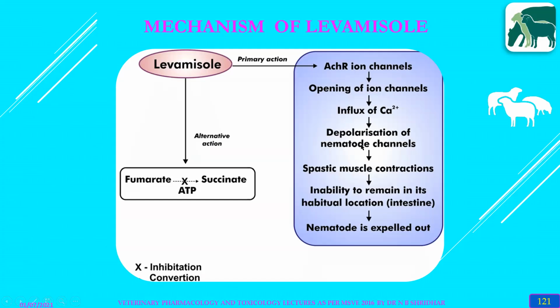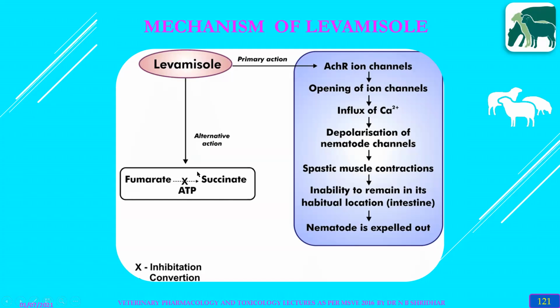This causes spastic muscle contraction in the nematodes, and the inability to remain in their habitual location, especially in the intestine, so the nematode is expelled out of the body. That's how it acts. It also blocks the fumarate reductase enzyme, and hence inhibits the conversion of fumarate to succinate.